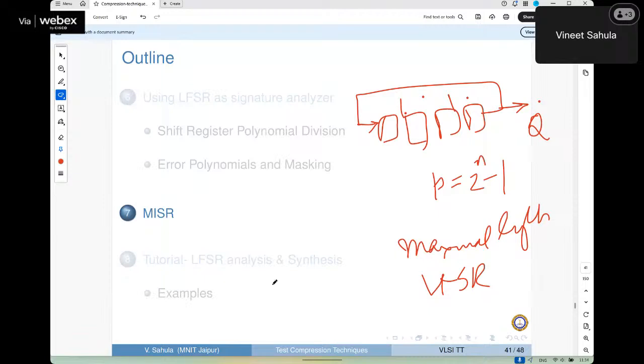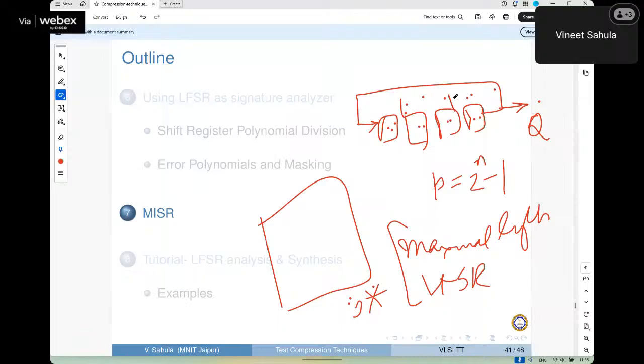From the table, you can choose those taps for a maximal length LFSR. Choose P star there and take some initial condition and see how it is generated. So you can write a Verilog code for this LFSR and see how the pattern is generated. LFSR code for this is very easy.